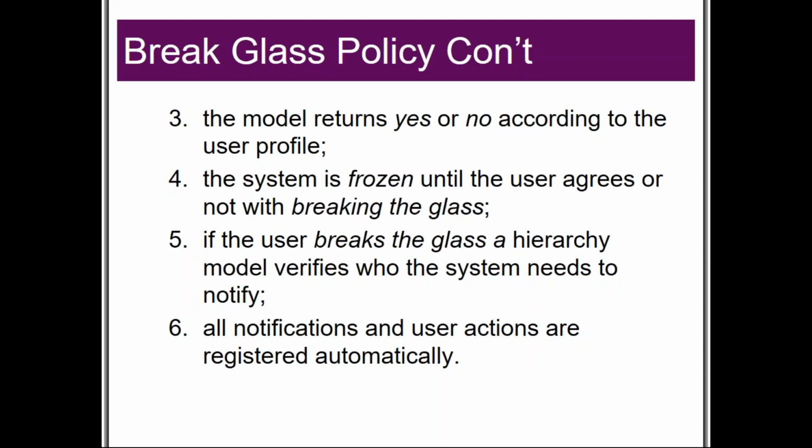Number five is that if I break the glass, that hierarchy model that I was telling you about is going to verify who it needs to notify, and then it's going to go out and notify that person. So security should be getting a phone call or some type of alert saying that Derek is in this system. And the last thing, all notifications and all user actions are going to be registered automatically again for auditing purposes. So this is the policy piece of it.